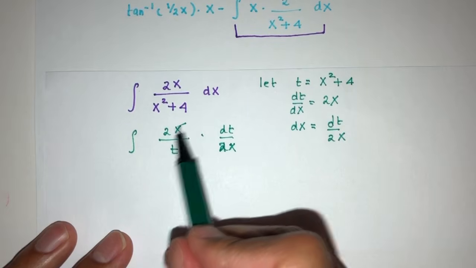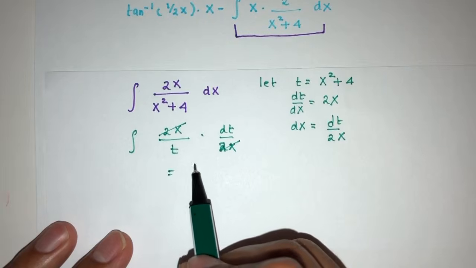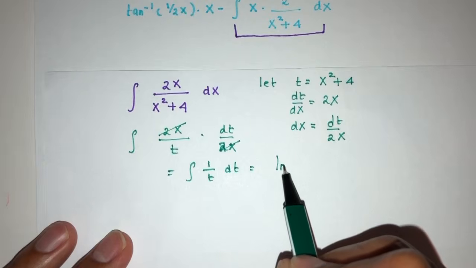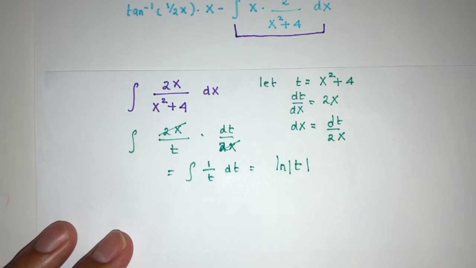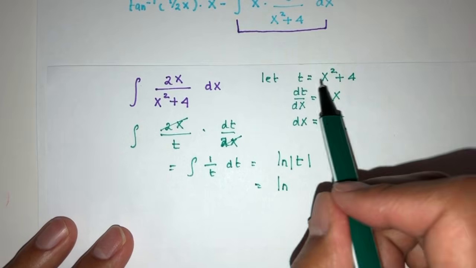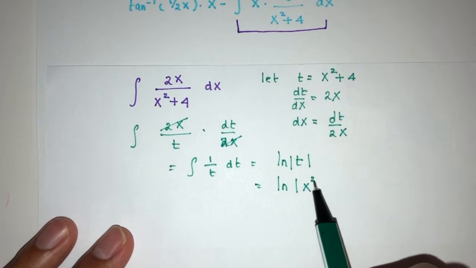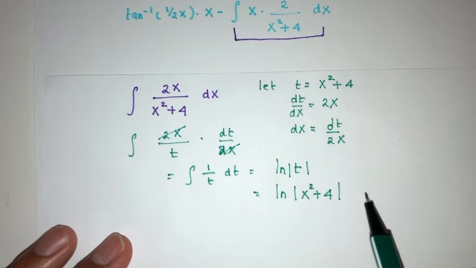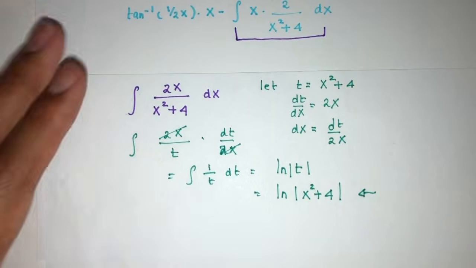Now you can see these two will cancel out. So you will remain with 1 over t with respect to dt. So that is simply ln of t as your answer. Pretty easy. Replace t by the main formula, which is ln of x squared plus 4. So the integration of this will give you this by substitution.